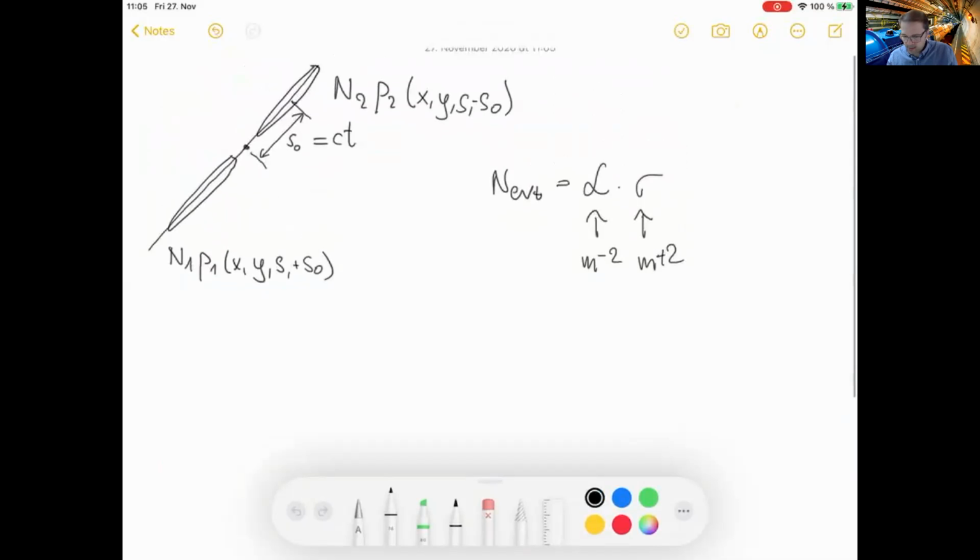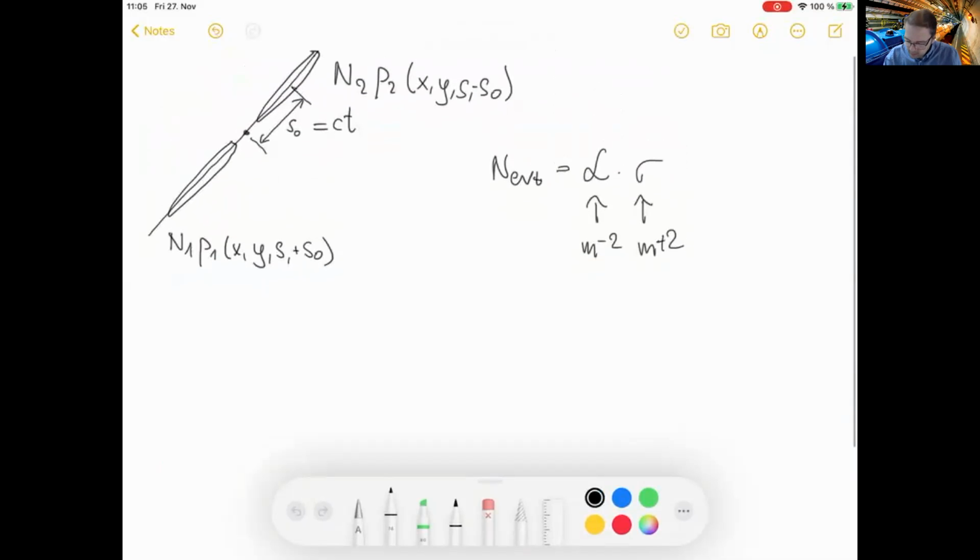Now, let me write down what the luminosity is for a bunch crossing of a single bunch. So we have a four-dimensional integral. We think of these bunches as they go through each other versus time.